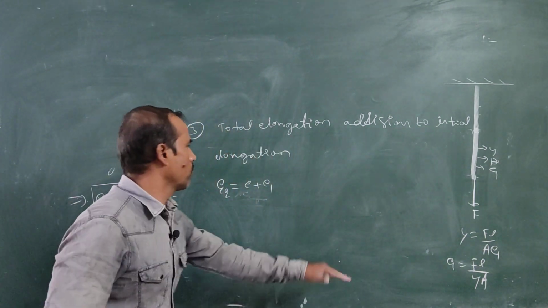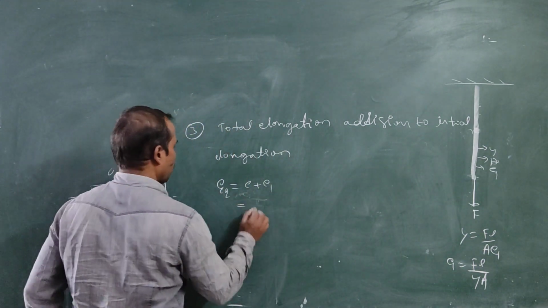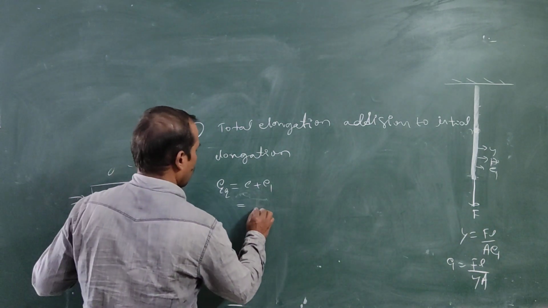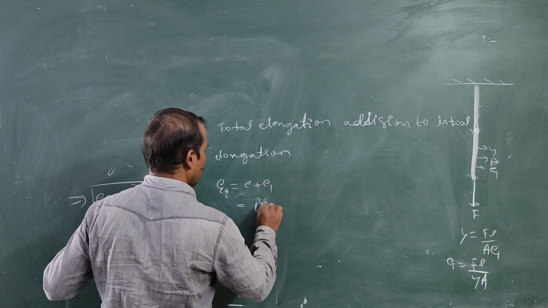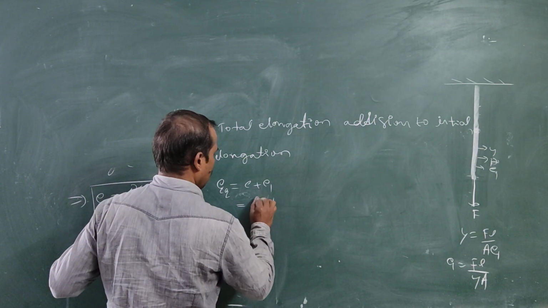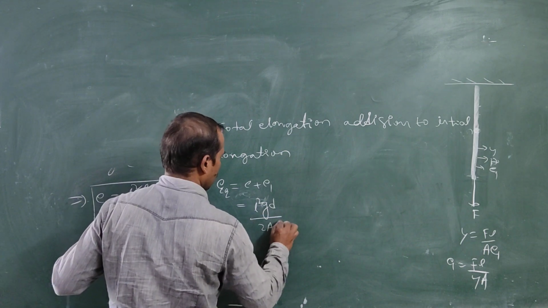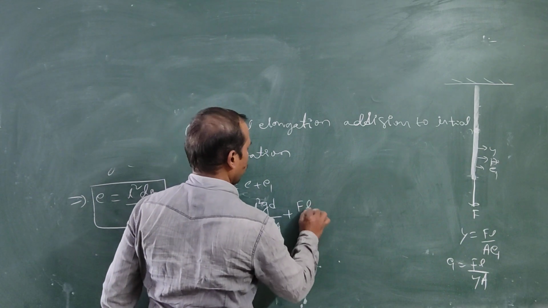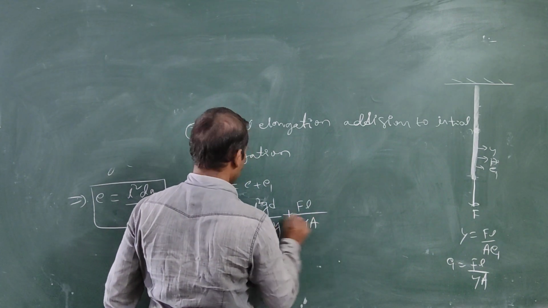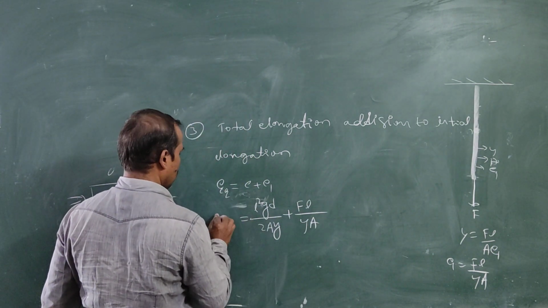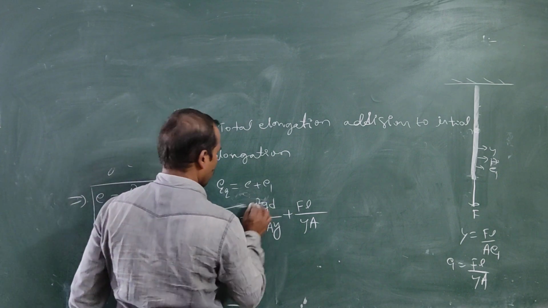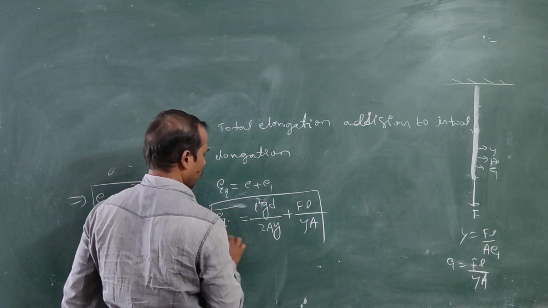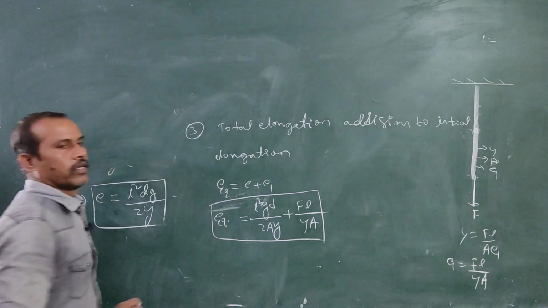Writing it out, E is equal to L squared dg by 2Y plus E prime equal to FL by YA. This is the total elongation.